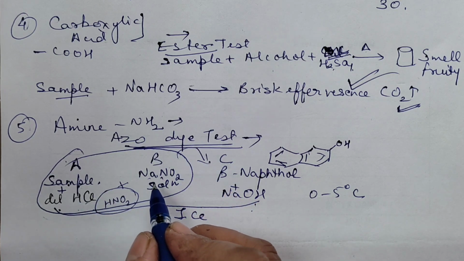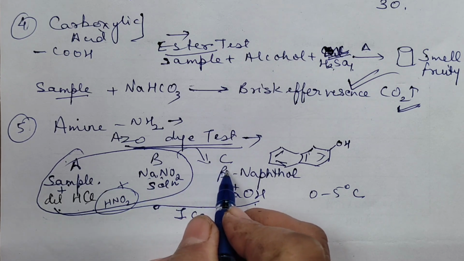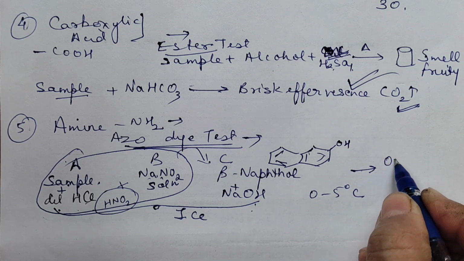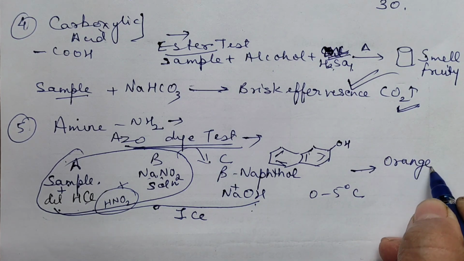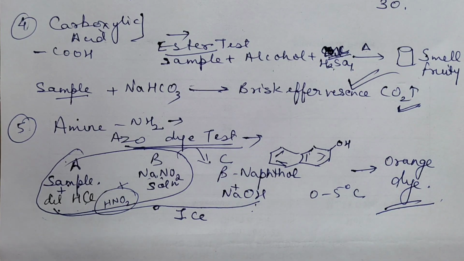A and B you have to mix first so as to prepare diazonium. Then you will add it to C, that is beta-naphthol and NaOH mixture. What you will get is orange color dye. You will get orange color dye. So this indicates the presence of amine group, NH2 group.